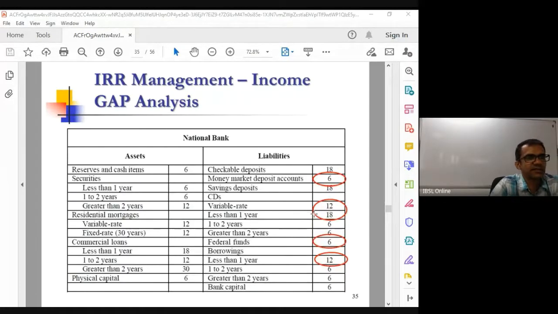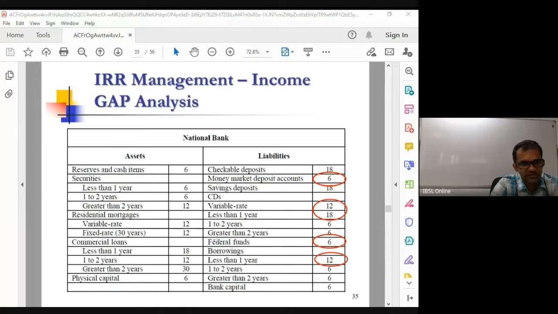So then rate sensitive liabilities, again, since we are considering only a 1 year period, we have to consider liabilities which are maturing within a 1 year period. So there are money market deposits, which you know are less than 1 year. Then certificates of deposit which are at variable rate and less than 1 year.